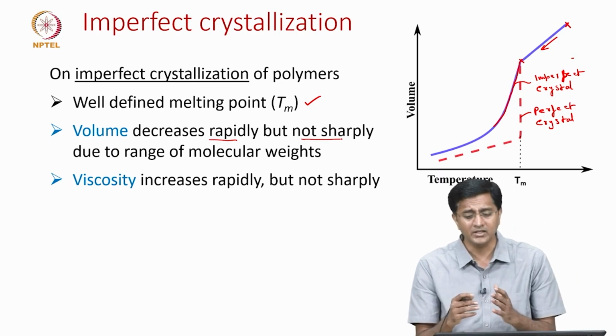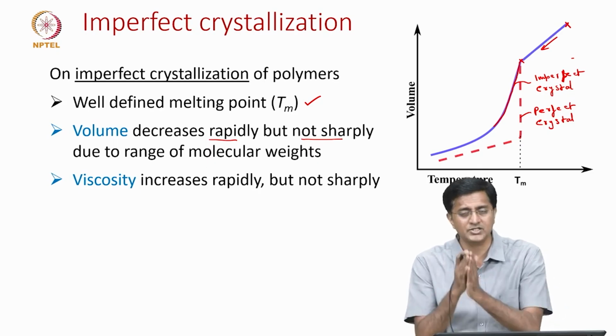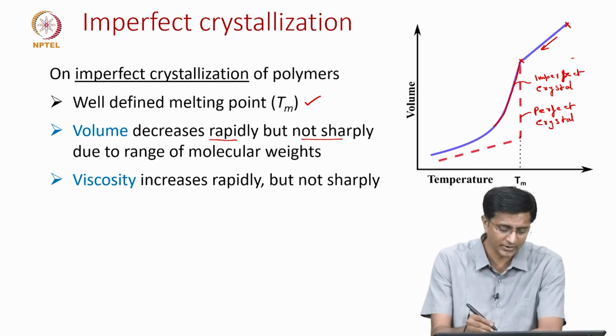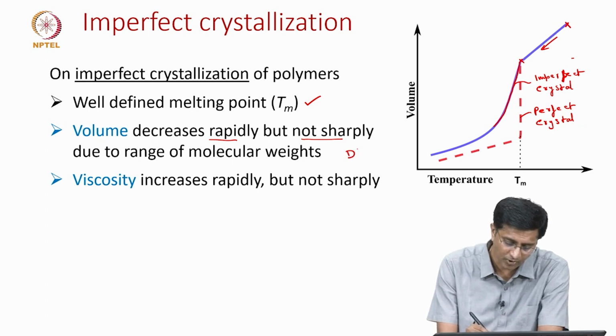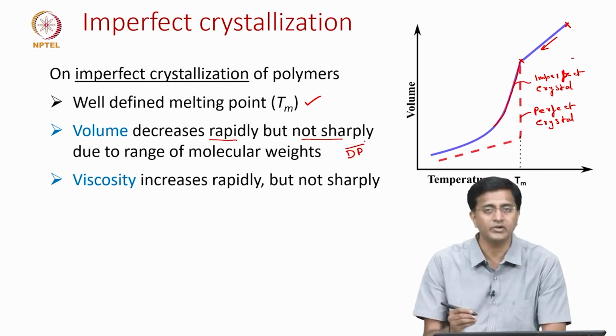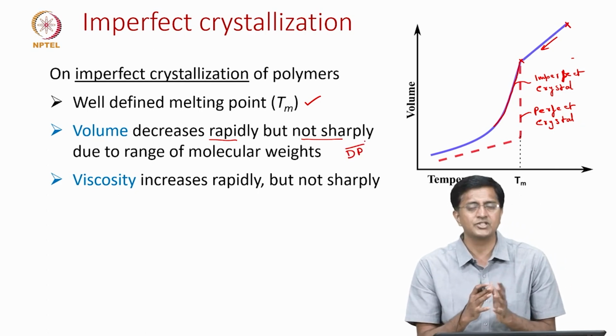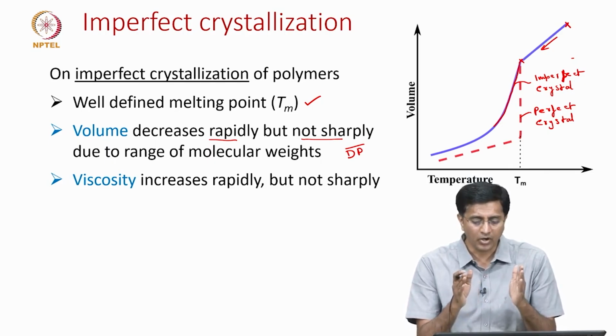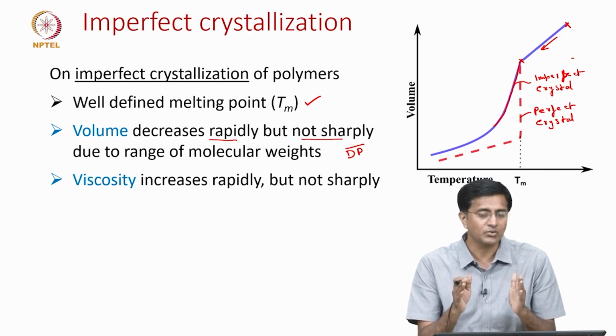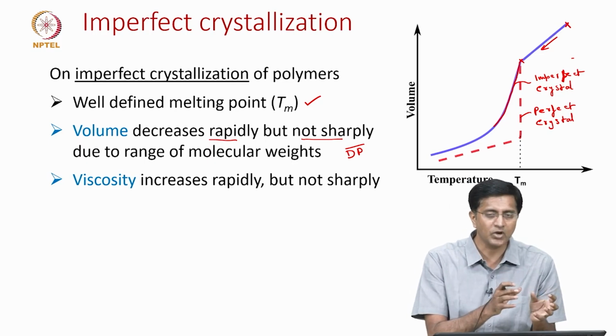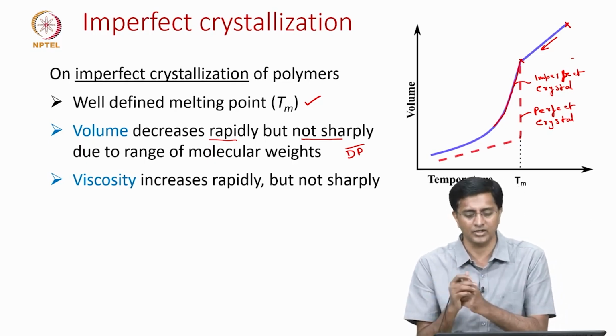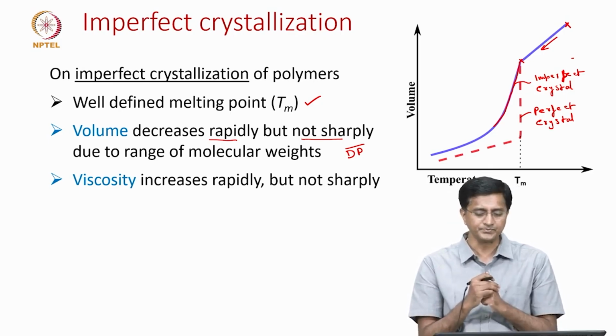Now, let us see why this does not crystallize sharply. The reason is again related to the length of the polymer chains, which we express as the average degree of polymerization. We have seen that in a polymer, not all chains are of equal length. There is a range, with chains slightly shorter or longer.